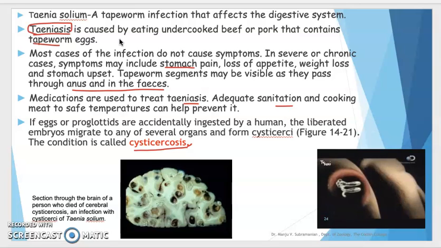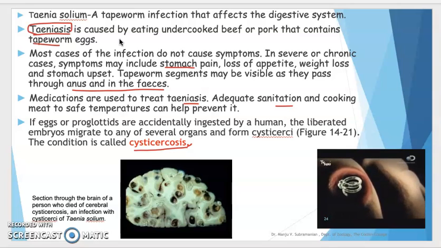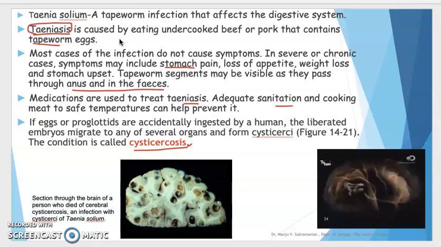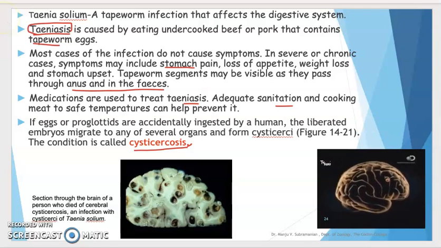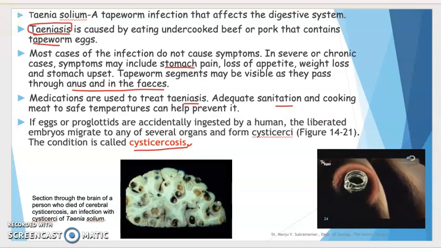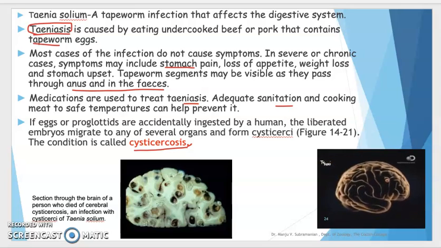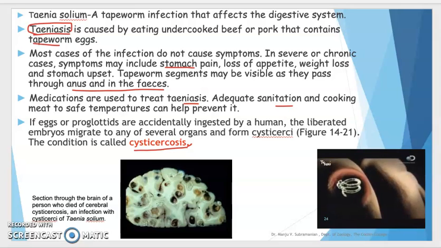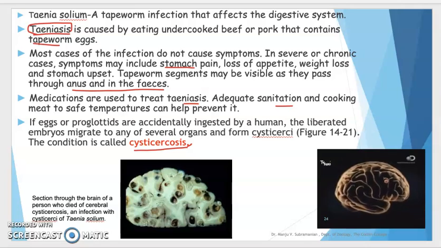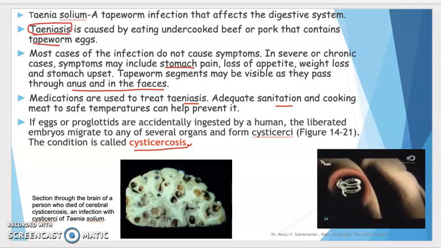With the help of their rostrum, hooks and suckers, they adhere, anchor and then suck the digested food. Then they have a highly resistant, freely permeable covering called the tegument. That's again a parasitic adaptation which helps as protection from the host enzymes and also helps in the absorption of nutrients.